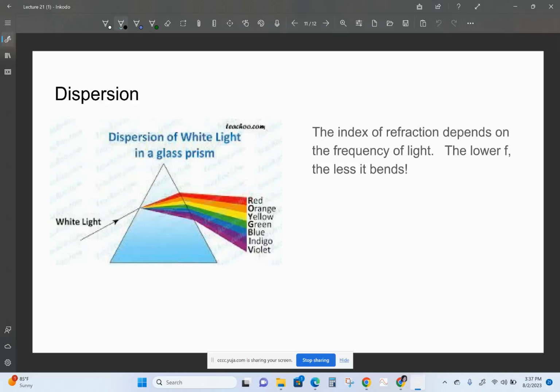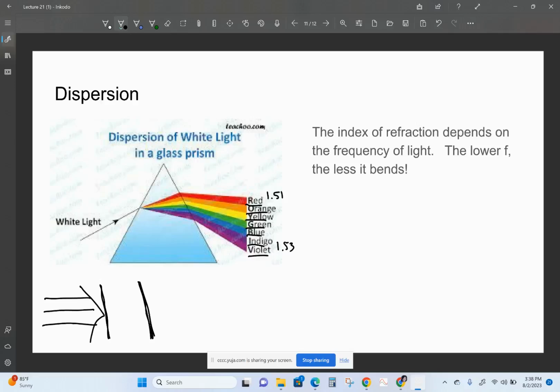And if white light passes through something that has sides that are parallel, it turns out that the different wavelengths of light, or frequencies of light, have slightly different indexes of refraction. So, for example, red light might have an index of 1.51, but violet light might have an index of 1.53.